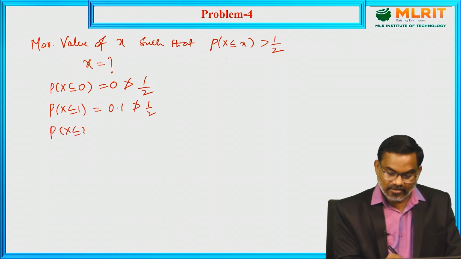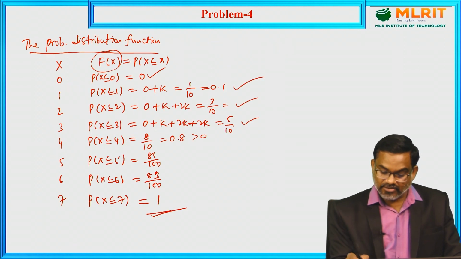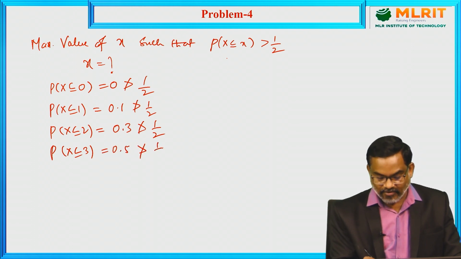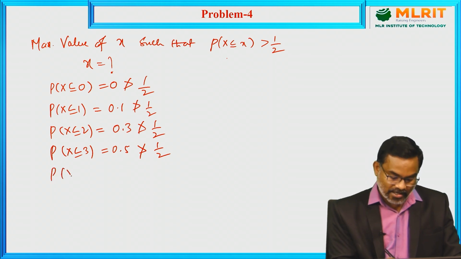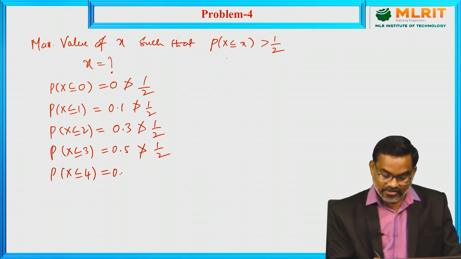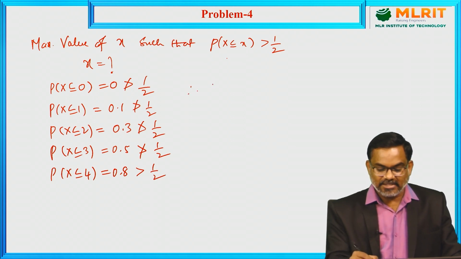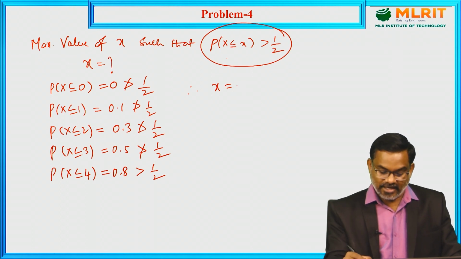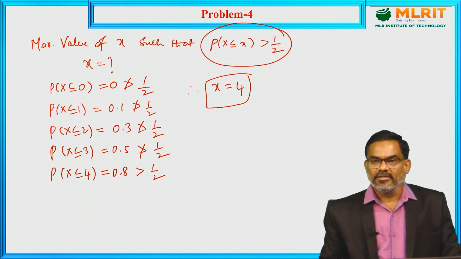X less than or equal to 2 is 0.3, not greater than 1 by 2. Similarly, for 3 we get 0.5, which is not greater than 1 by 2. We must get a probability more than 1 by 2. So, x less than or equal to 4 is 0.8, which is greater than 1 by 2. Therefore, the maximum value of x such that this condition holds is x equal to 4. If you take x equal to 4, this condition will be satisfied.